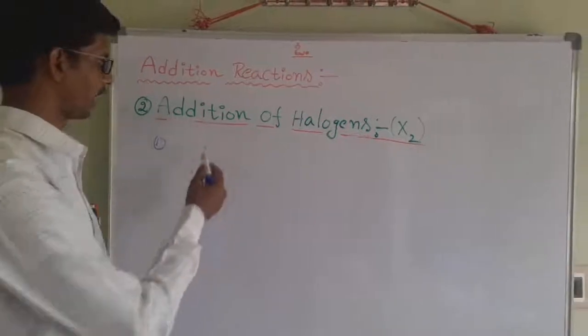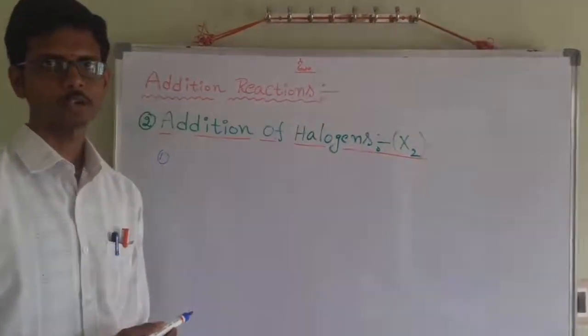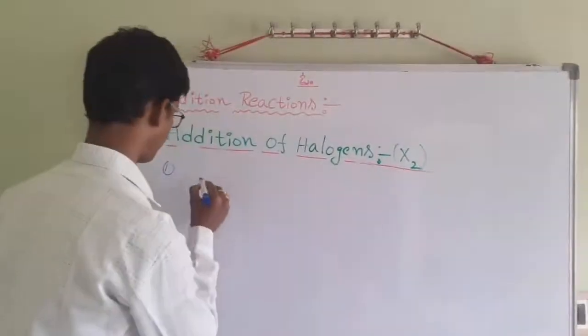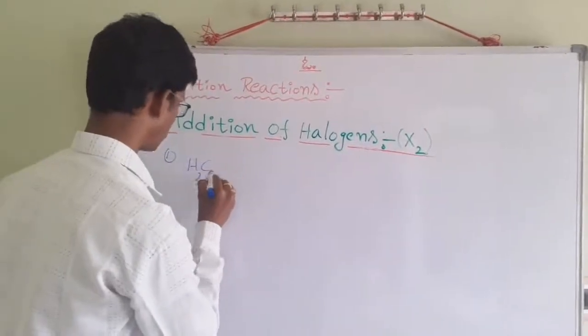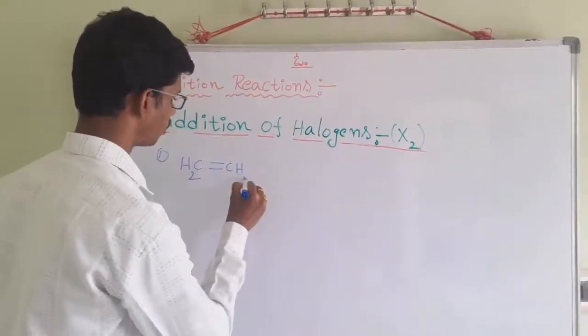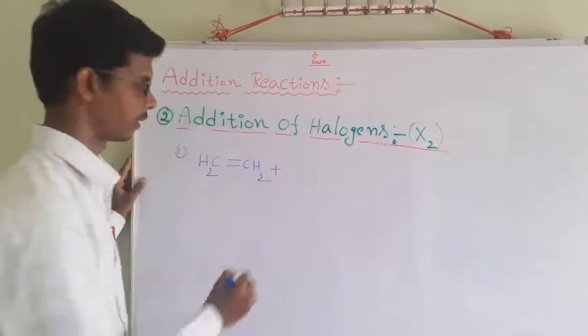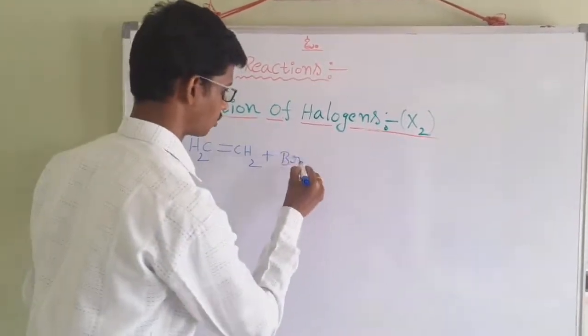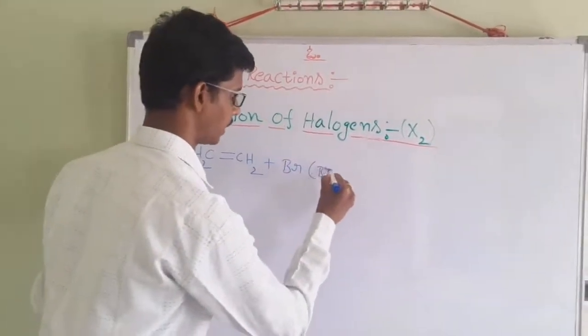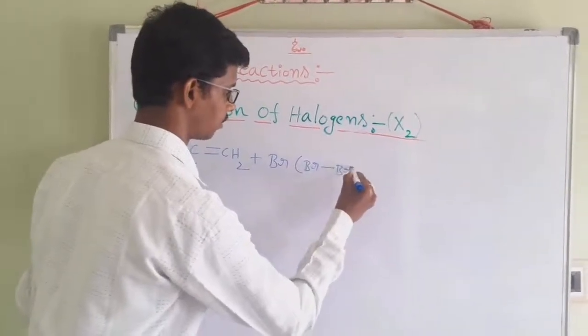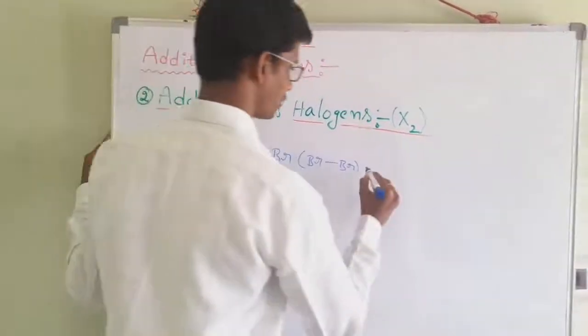Let us take how the addition reaction takes place to ethylene with bromine. Okay. CH2 double bond CH2 plus bromine, Br2. This is also written as Br bond Br. Okay. In presence of CCl4.